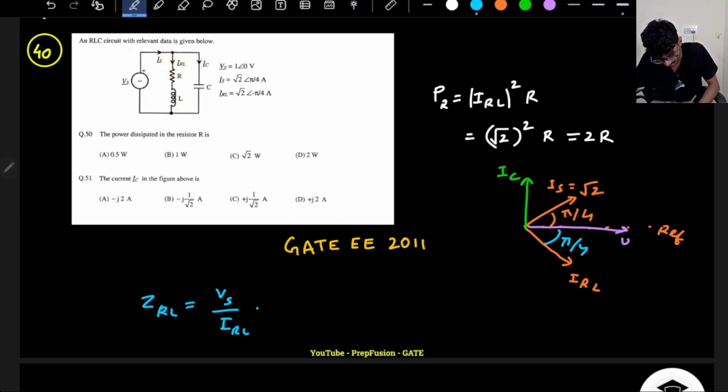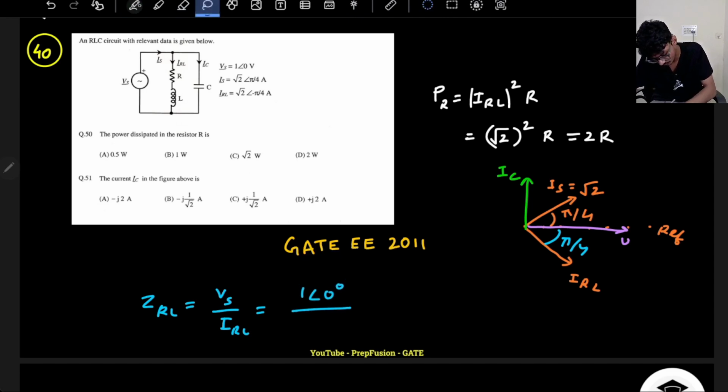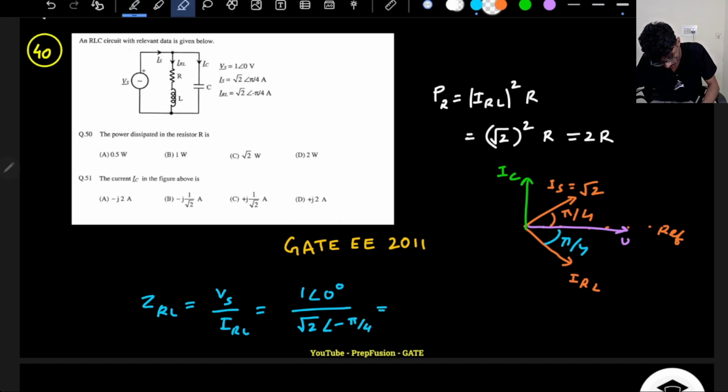So it is basically Vs by IRL, which is 1 angle 0 divided by IRL. IRL is under root 2 angle minus pi by 4. So this will be basically 1 by root 2 into plus pi by 4.